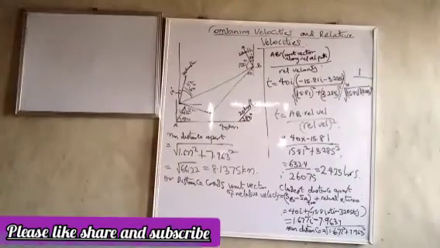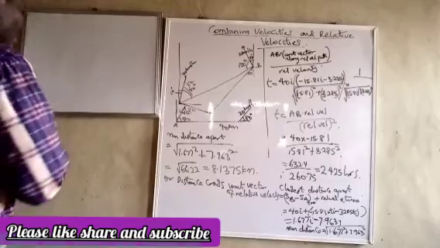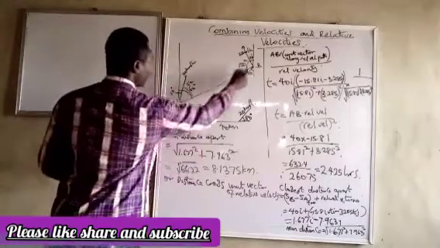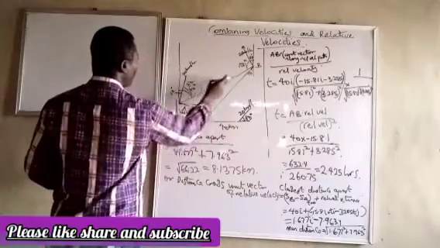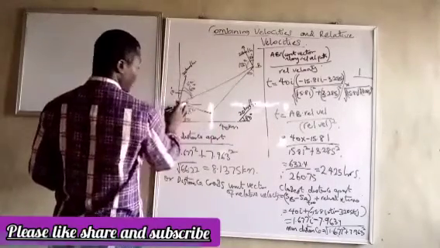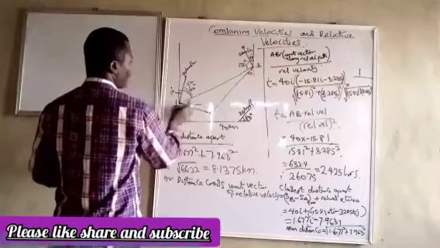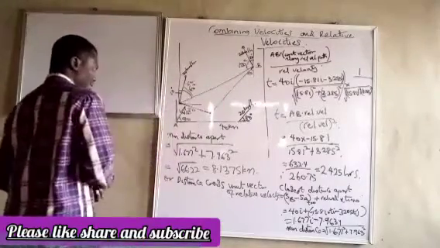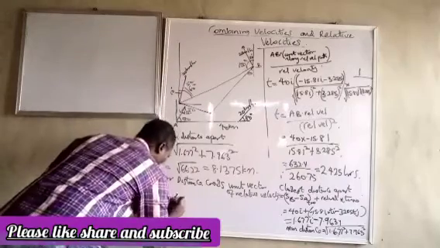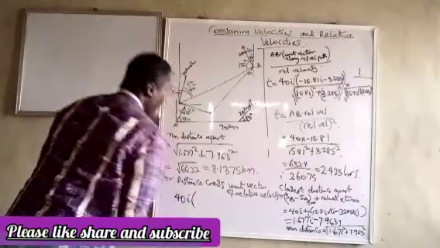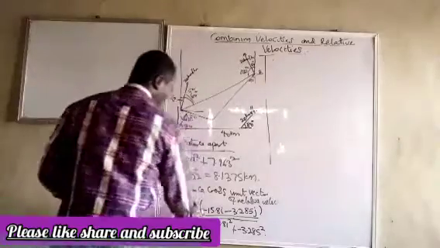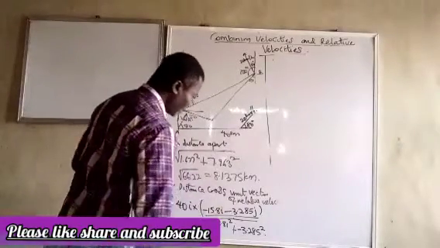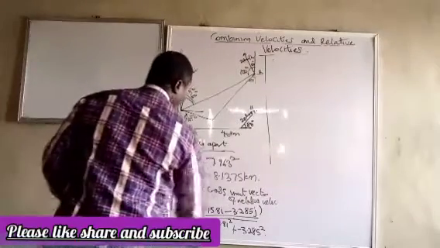Now, to get the distance, we do the cross products. Like we said, it will be the projection of the initial distance, that is relative distance, on the perpendicular of the relative velocity. And let's do it now. So I am doing the cross product of the relative distance and the relative velocity.